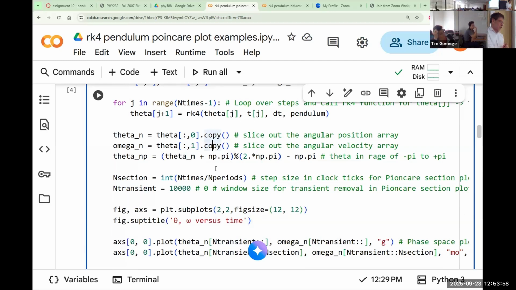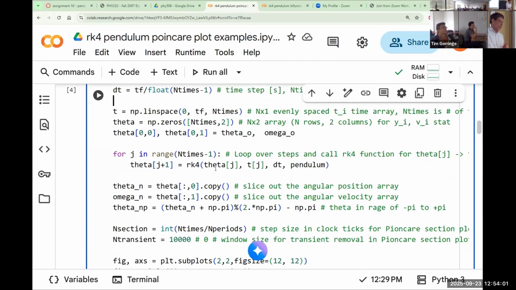I think we got through, we walked through the definitions of the independent and dependent variables. The next stage in the code is finding the solutions to the differential equation. So actually, that part of the code is just these two lines. I'm just going to walk through my independent variable. This is going to be the index of the clock ticks.